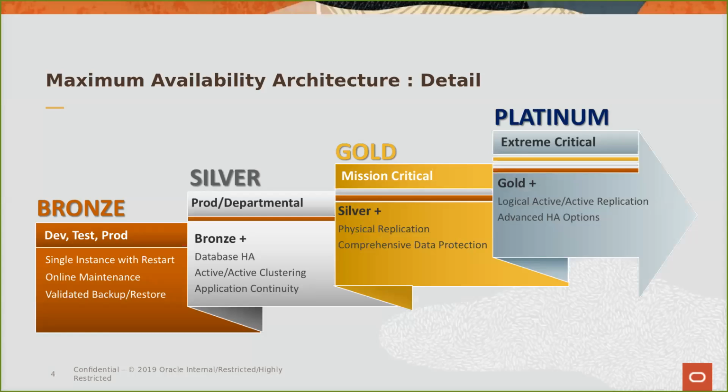This diagram then simply expands on the previous one, outlining the capabilities included and required at each level. So we're going to be looking at DataGuard today, which is in the gold category.